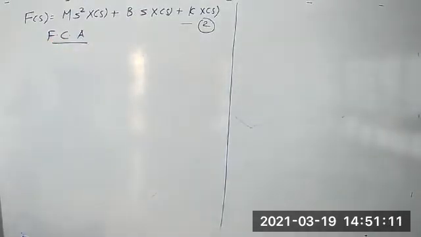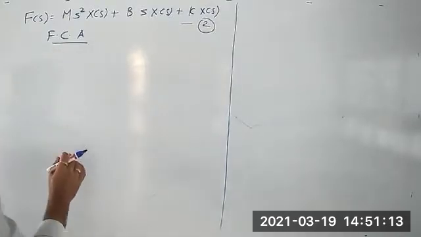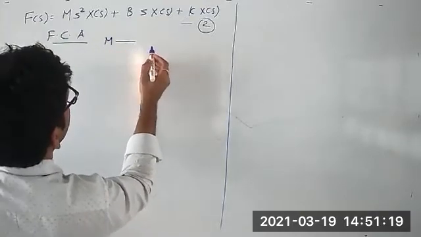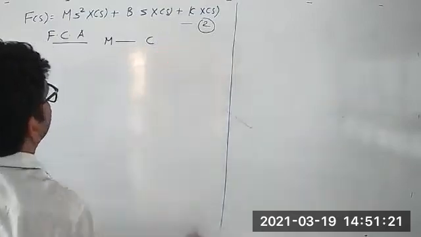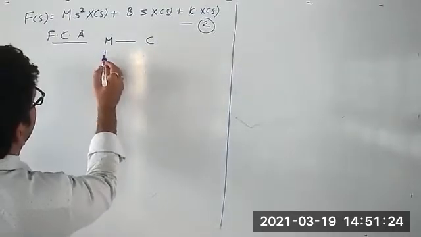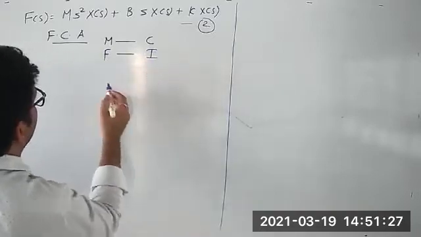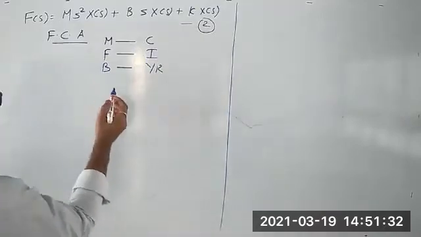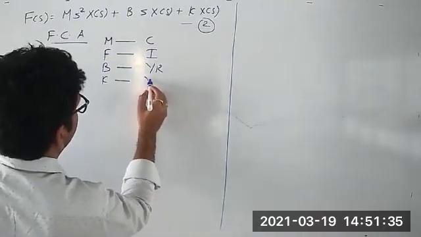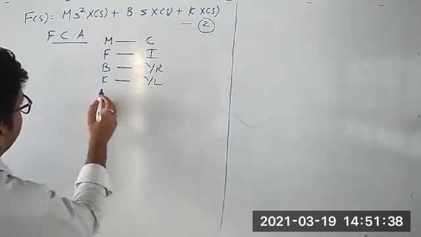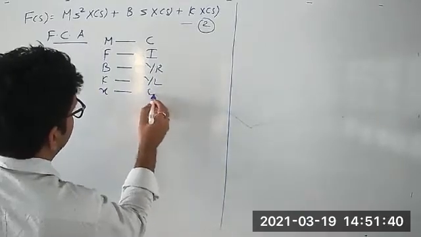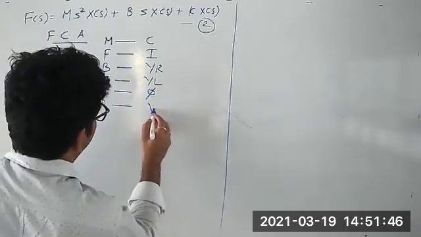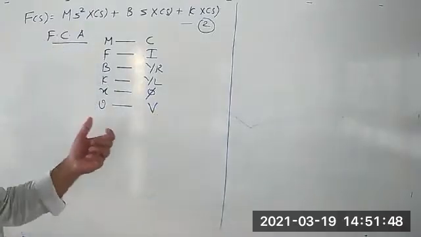From our previous lecture, we know that when we apply force current analogy, mass is replaced by capacitor, which is capital C. Force is replaced by current, damping coefficient is replaced by inverse of resistor, spring constant K is replaced by inverse of inductor, linear displacement x is replaced by flux, and linear velocity V is replaced by capital V, which is voltage.